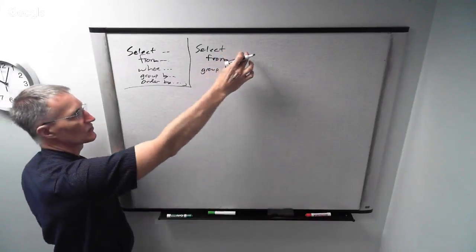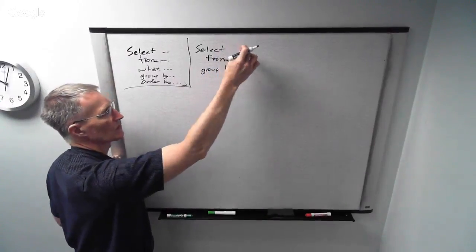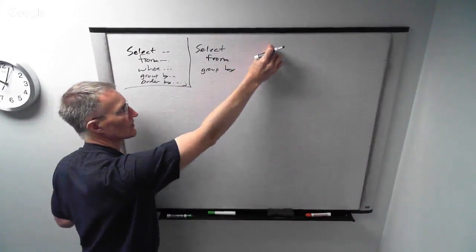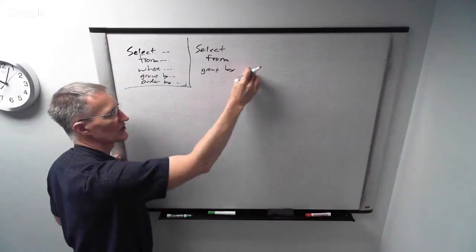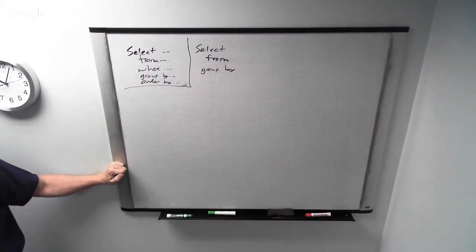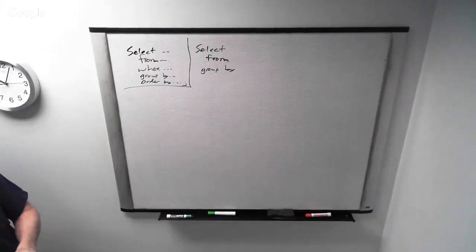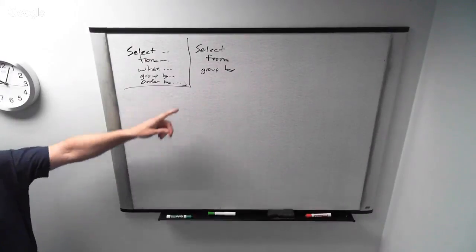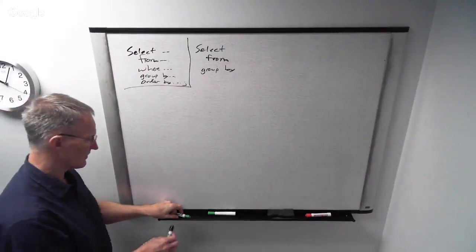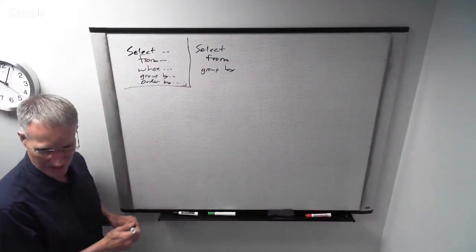All right, so this is a question for you. What's true about the information that comes up in the select and the information that comes after the group by? You can make like 3 or 4 statements about that. What's the relationship between the select clause and the group by clause? We want to tag those down because you need to memorize those.